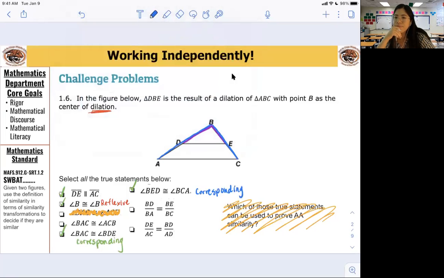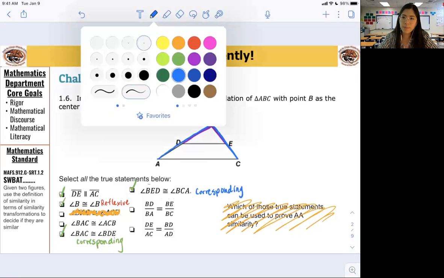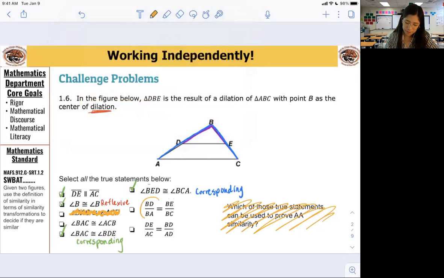Anyone? Let me ask a different question. When I say this statement, is this a true statement? Is that true?